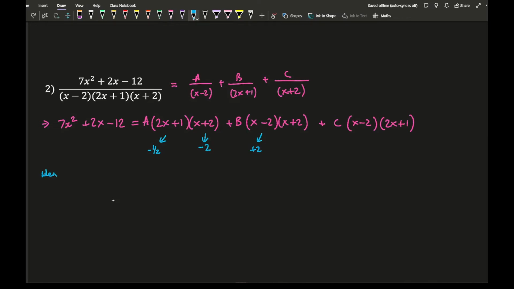So when x equals -1/2, what I end up with is 7, and a half squared is a quarter, and positive quarter, plus 2 times -1/2, which is -1, minus 12. And that's going to be equal to, and then which one's going to disappear? Well, everything apart from b is going to disappear.